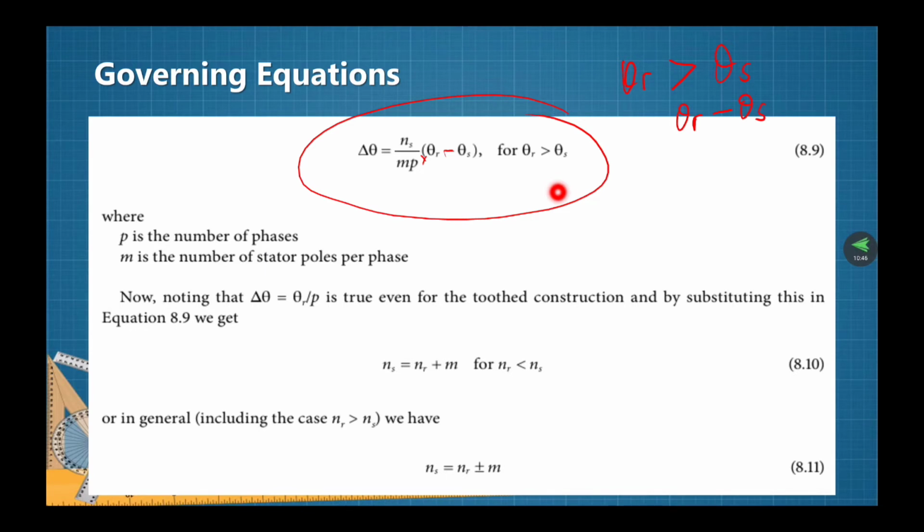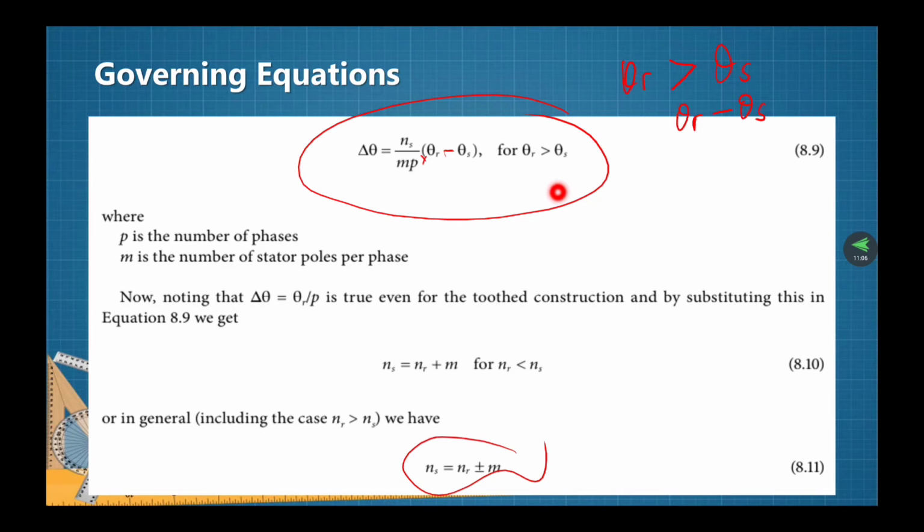And if we include the case that Nr is greater than Ns, we get Ns equals Nr plus or minus m.